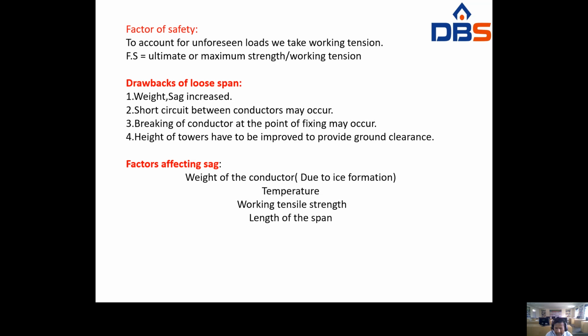Short circuit between conductors may occur, because they may touch each other when wind comes. That means there may be chances of short circuit between two conductors. Breaking of the conductor at the point of fixing may occur. The height of towers has to be increased to provide ground clearance, right?